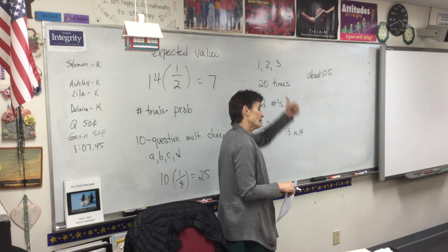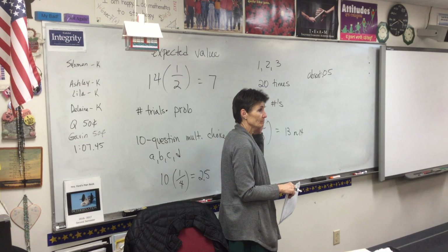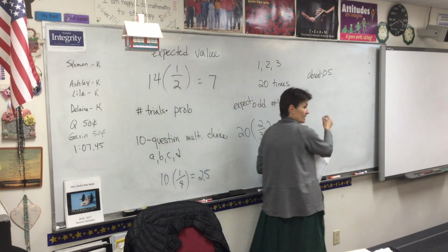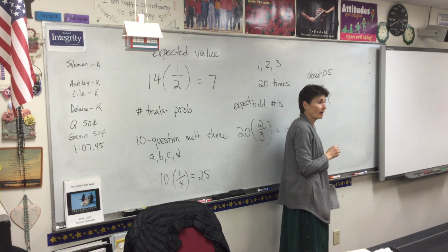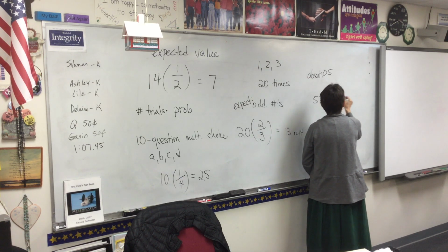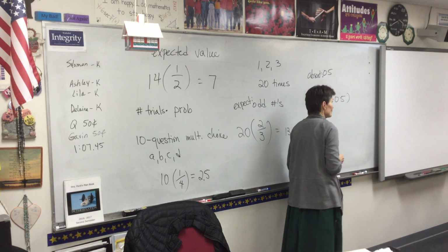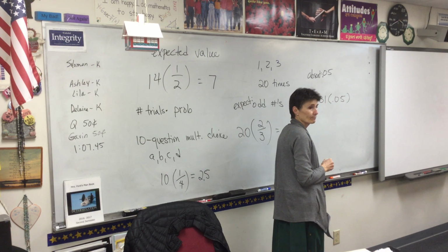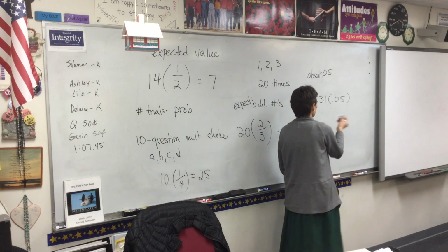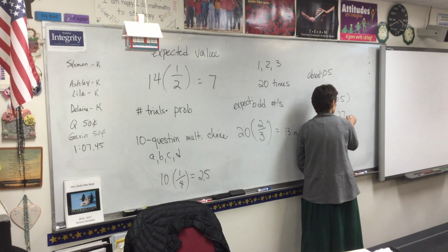Stop right there. How would we figure that out? Take the number of kids, which is 531, and multiply it by 0.05. So tell me what you get when you do that on your calculator. So about 26 to 27 kids, right?